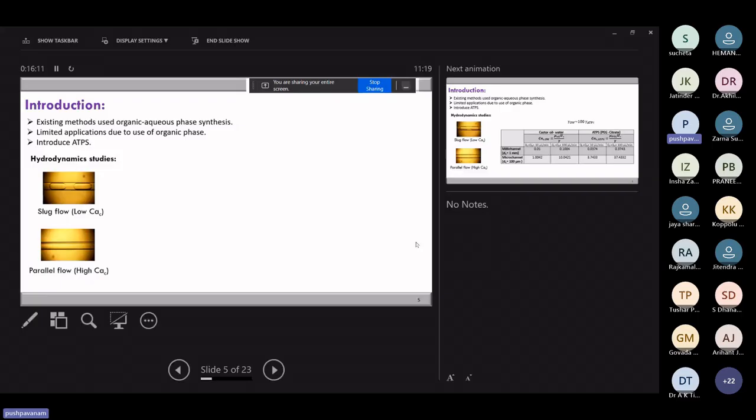Therefore, in an aqueous two-phase system it is very difficult to get slug flow. Sorry, you will get slug flow only if the flow rate is very, very low, and our objective of interest is slug flow.